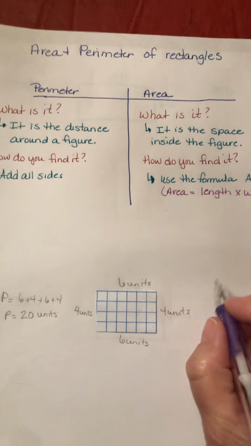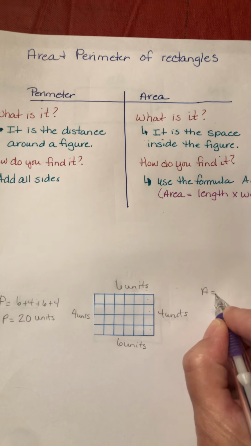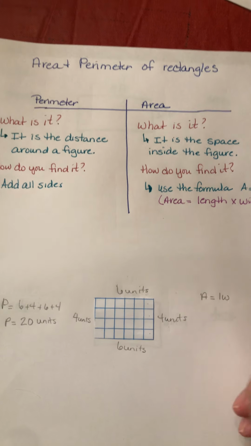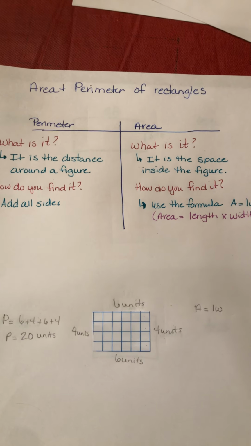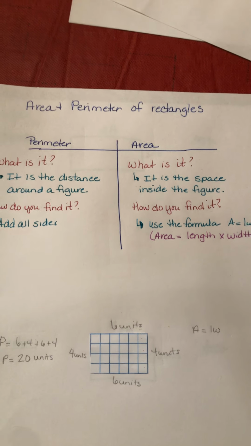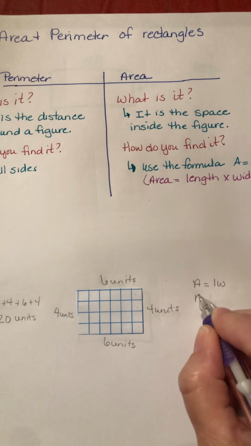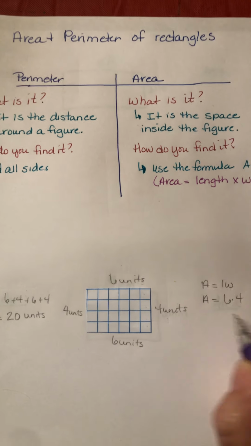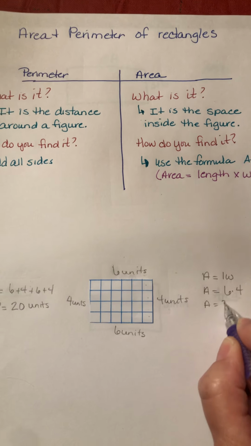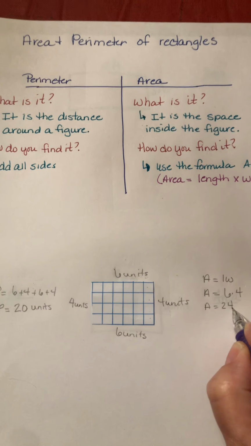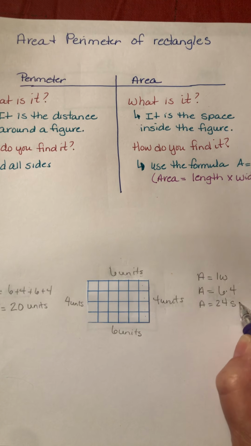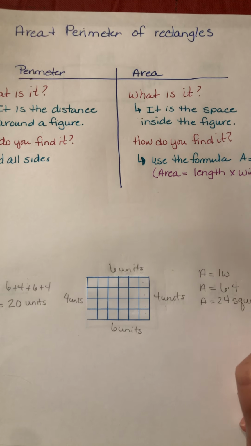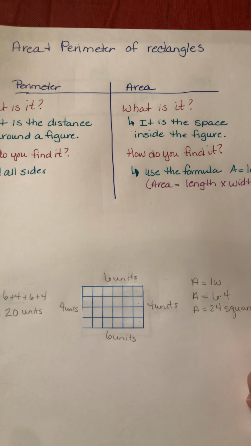Now, area is equal to length times width. Now, notice there's a place for 2 numbers, one for the length and one for the width. So area is equal to 6 times 4. So area is equal to 24 square units.